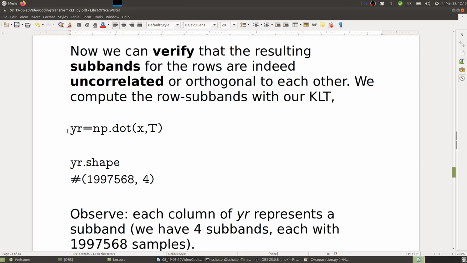And then we get the resulting subbands, YR, for the rows. It has a corresponding shape: we have almost 2 million rows and 4 columns. And those 4 columns shall now be uncorrelated. Their cross correlation for lag 0 should be 0.